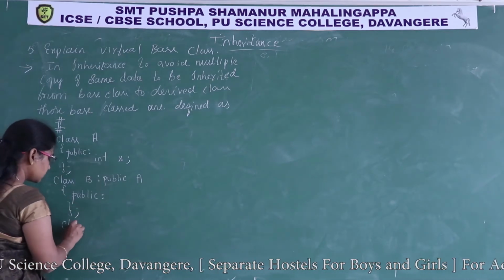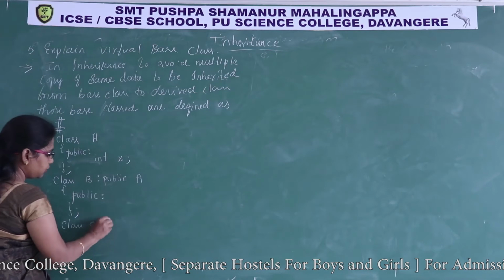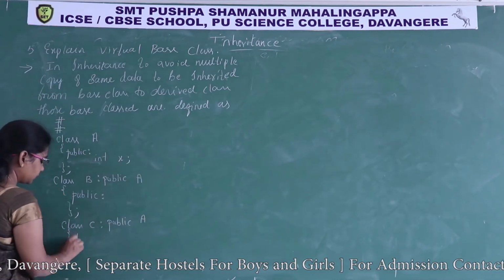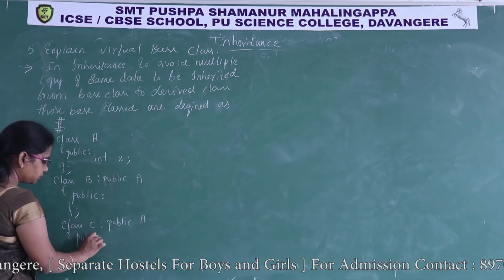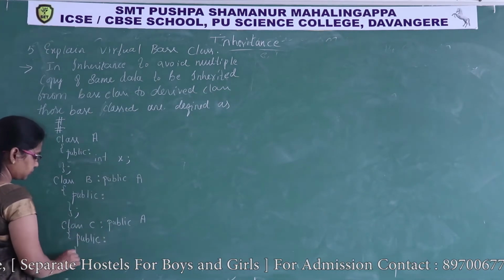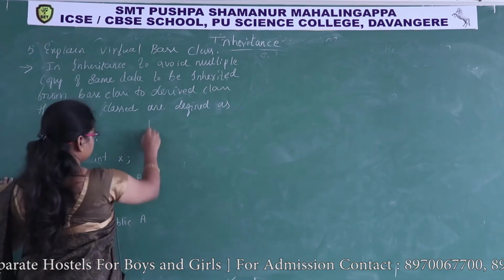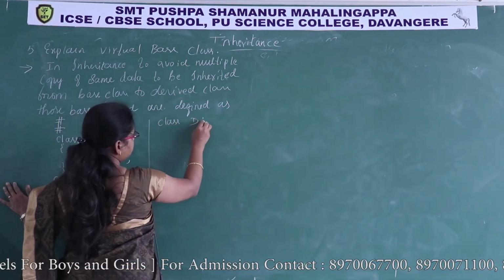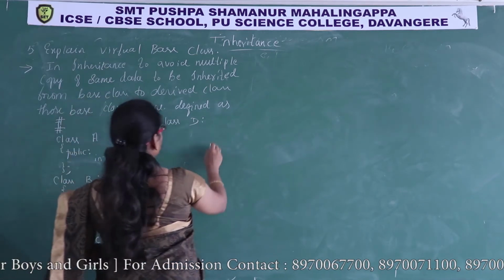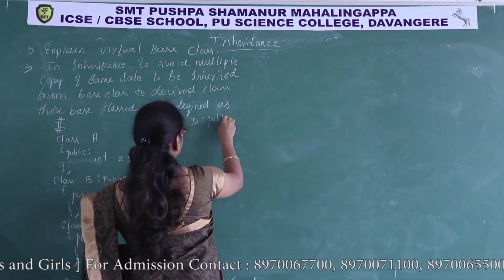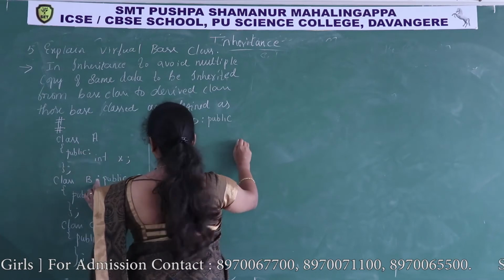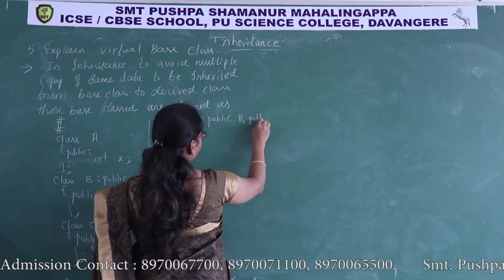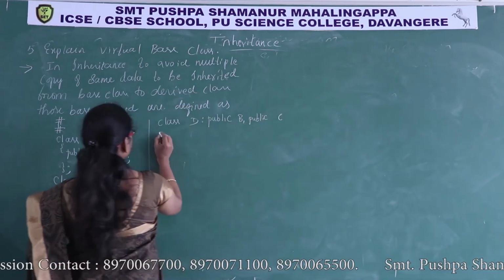Class C colon public A and public, class D colon public B comma public C.